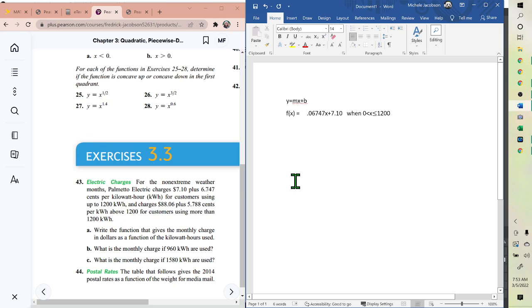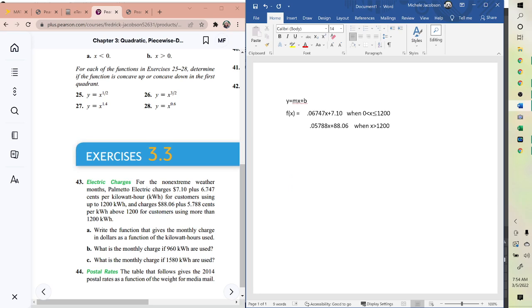So our rate 0.05788 x plus 88.06 when x is greater than 1,200.